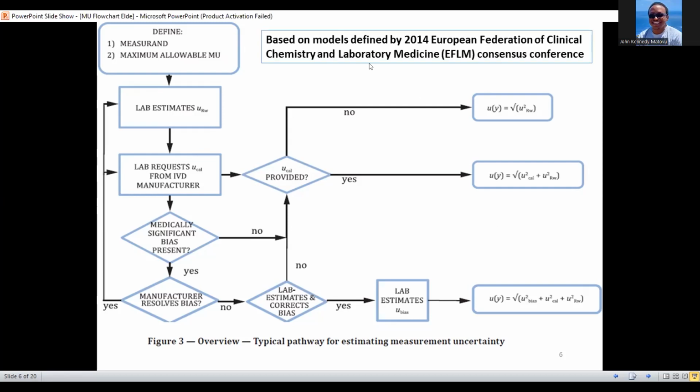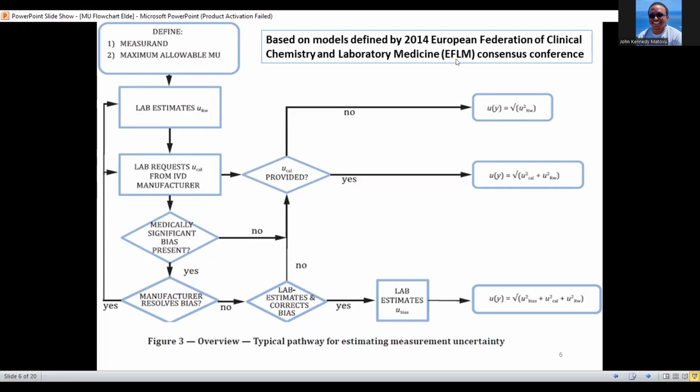As I asked a while ago, how do we obtain maximum allowable MU? And here's the answer. It's based on models defined by the 2014 European Federation of Clinical Chemistry and Laboratory Medicine Consensus Conference. I'll be very honest with you, I'm on the total error side, and I personally have not used comparing the MU to this.